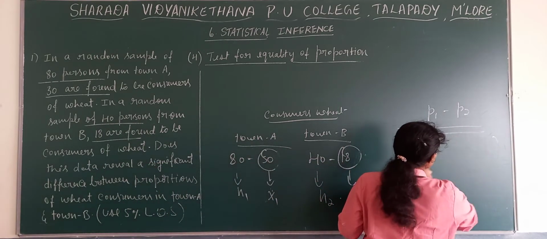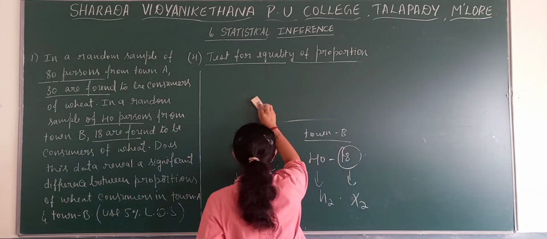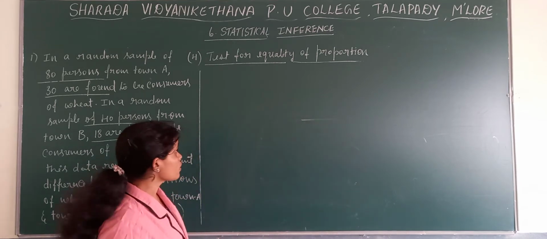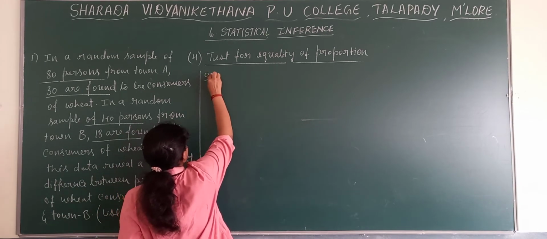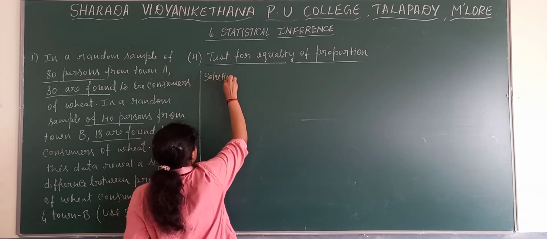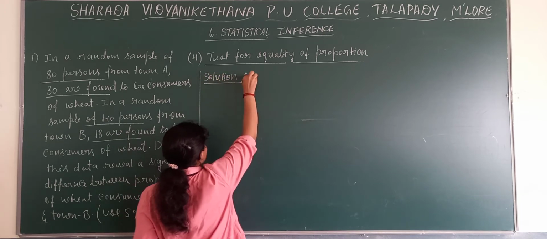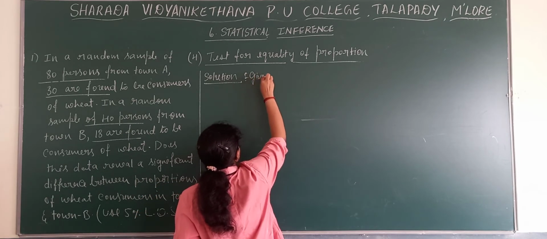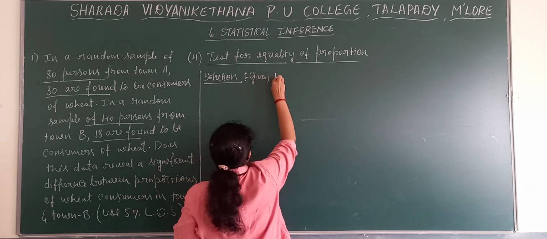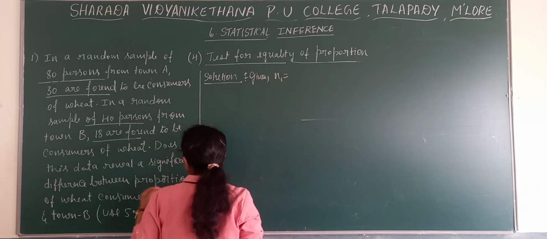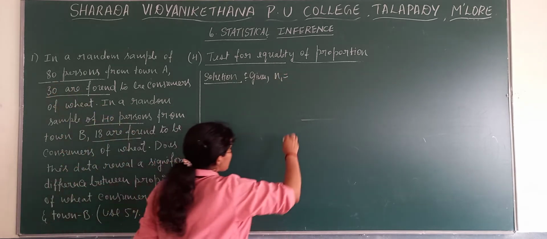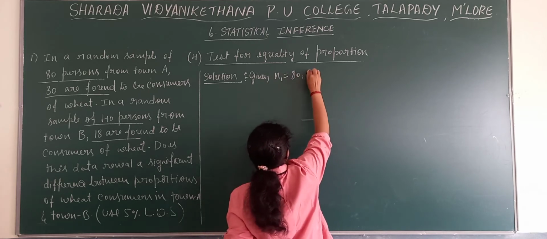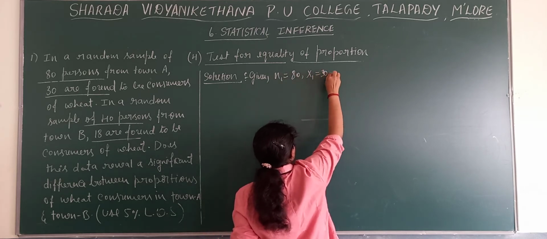Firstly, write the given or known values which they have given in the problem. Write the solution. The given values are the first sample number n1 as 80, then x1 is equal to 30.